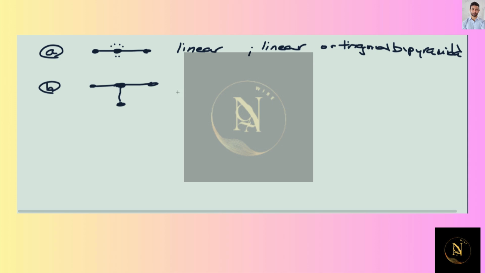Well, now you've got something that's T-shaped, and the T-shape molecular geometry only comes from one possible electron domain geometry, where you have two lone pairs of electrons here. So that's also going to be trigonal bipyramidal.